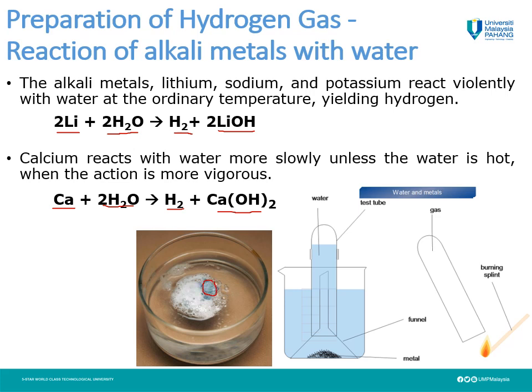It reacts violently, producing bubbles of hydrogen gas. In a typical laboratory experiment, we put the metal in water and collect the gas in a test tube. The gas can be confirmed using a burning splint, where the popping of the gas can be observed.